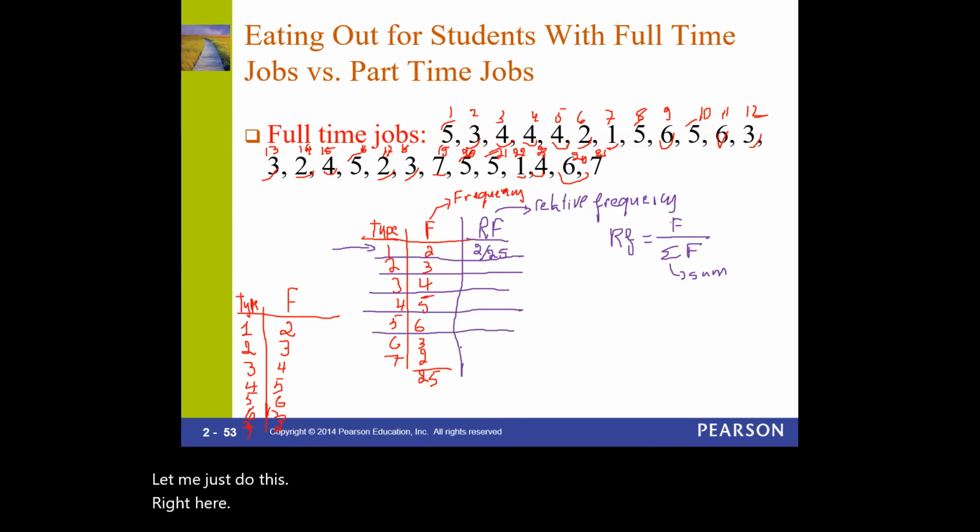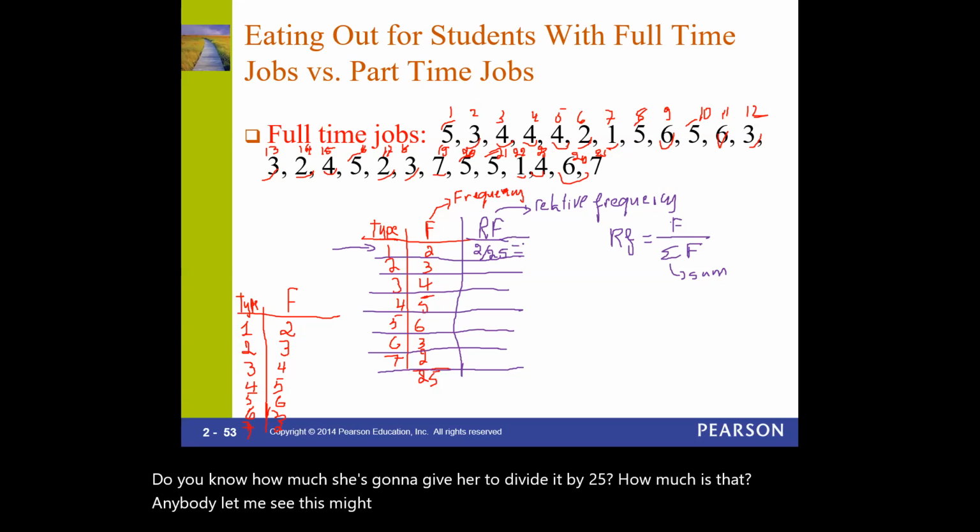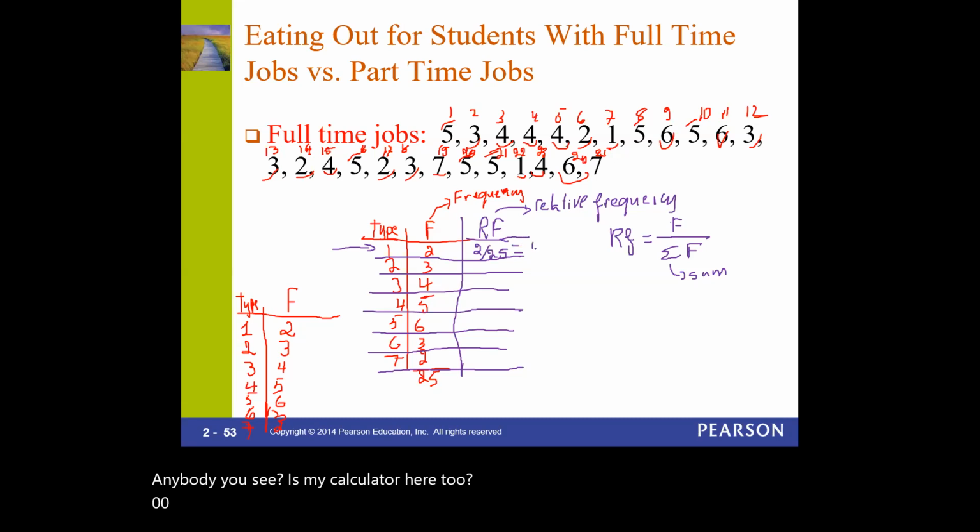If I use my calculator and do 2 divided by 25, do you know how much it's going to give you? 2 divided by 25. How much is that? Anybody? 0.08. Thank you. That'll be 0.08. So let's do this little exercise and find the rest of them.